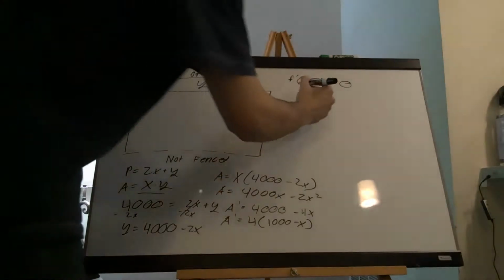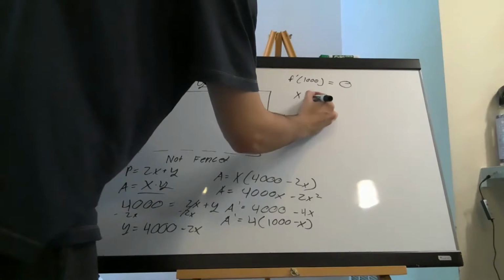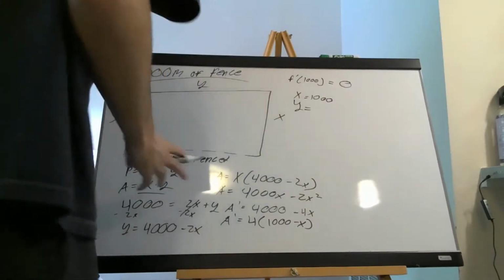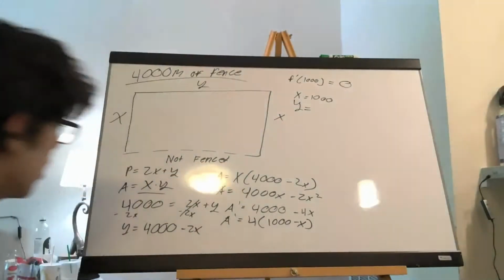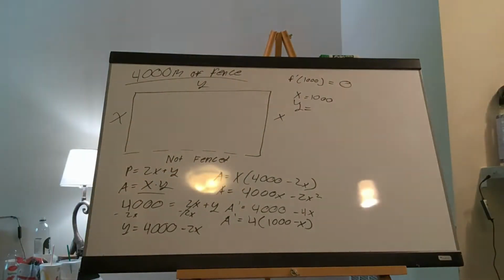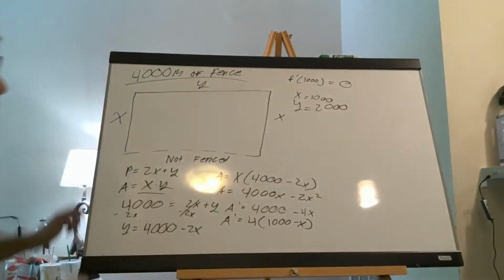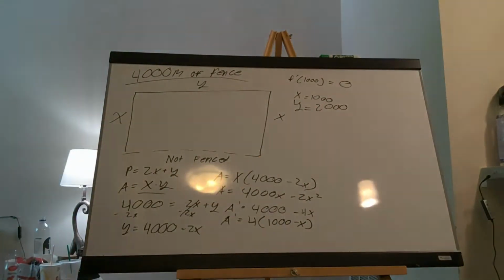We have x equals 1,000, and we're going to get y equals 2,000. And that's the optimal way to fence in this area. With 4,000 meters of fence, it will cover the most area.